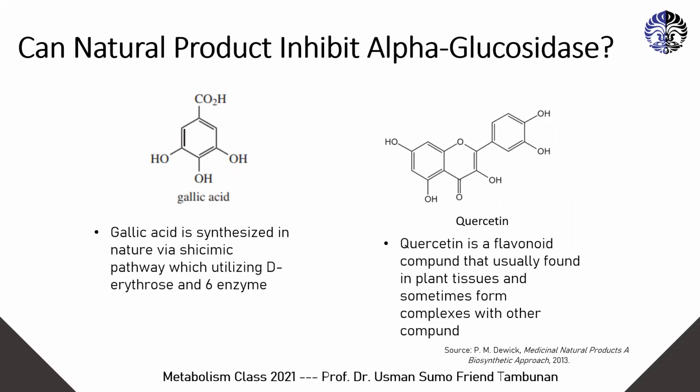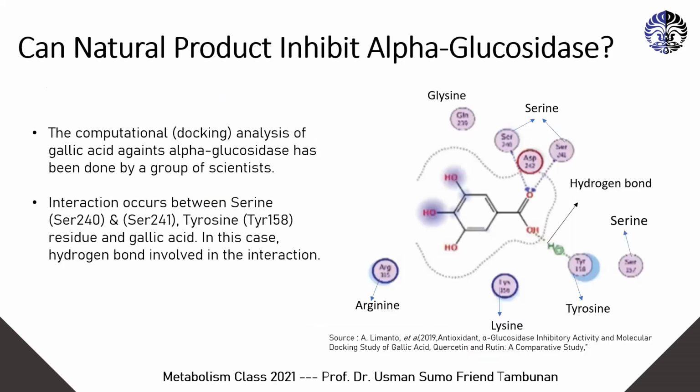Gallic acid is synthesized in nature via the shikimic pathway, which utilizes erythrose and 6 enzymes. Quercetin is a flavonoid compound that is usually found in plant tissues and sometimes forms complexes with other compounds.